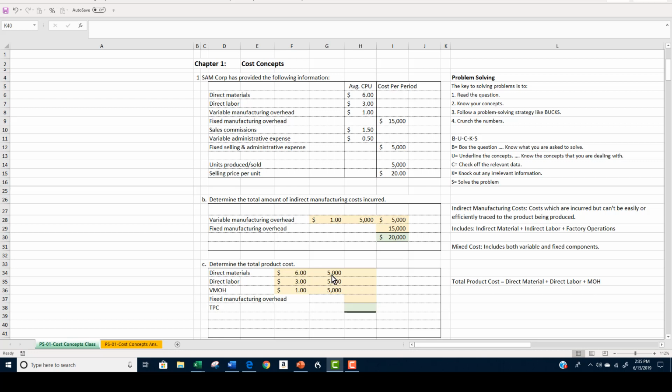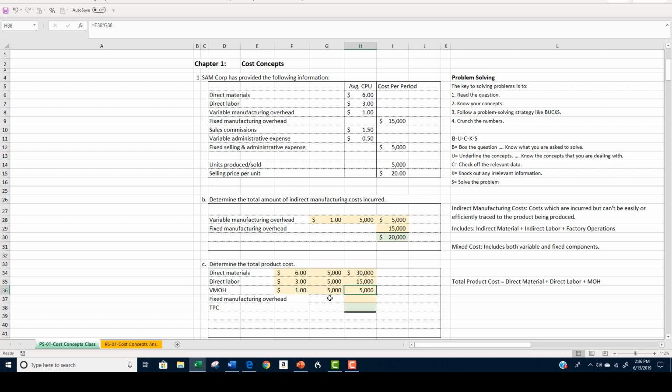The relevant data includes the direct material of $6 per unit times 5,000 units produced, or $30,000. Direct labor of $3 per unit times 5,000 units produced, or $15,000. And the manufacturing overhead totaling $20,000.